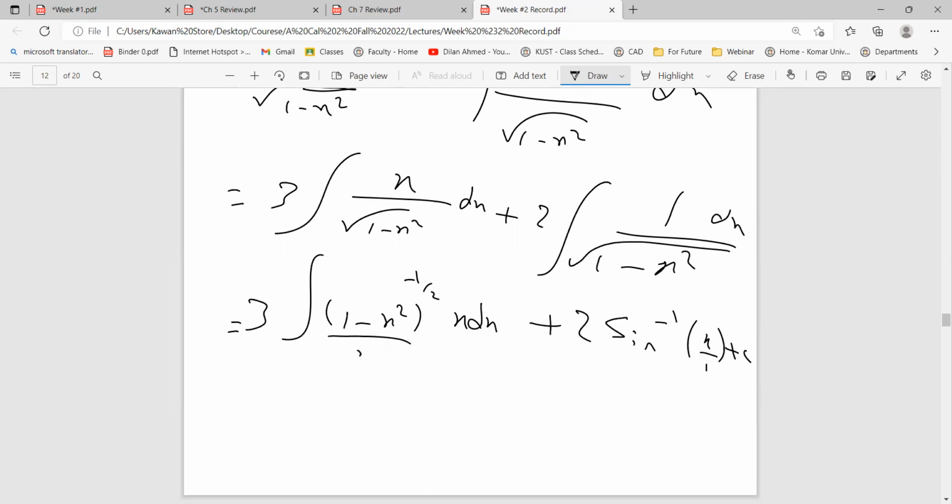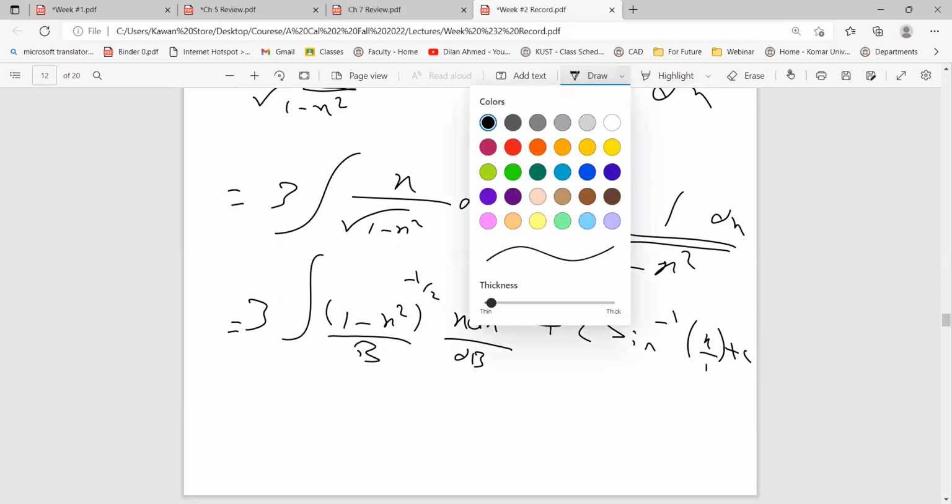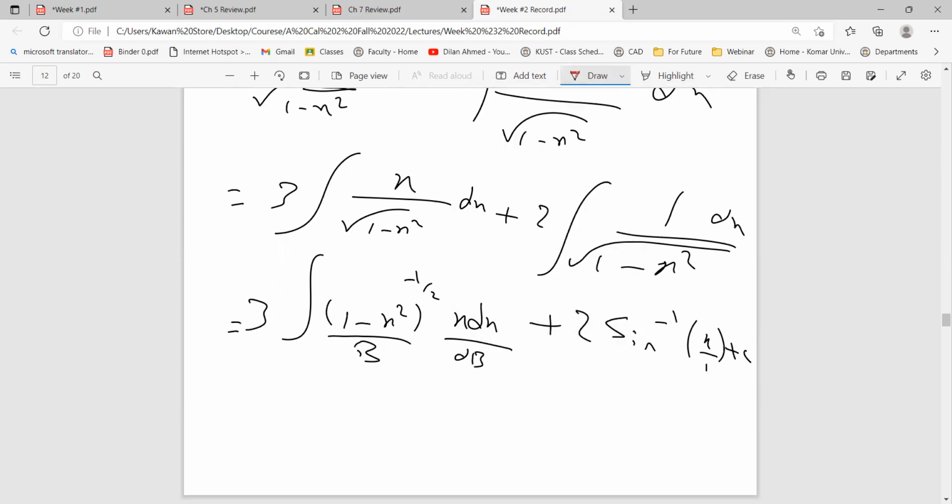How about that one is equal to box? But we need what? Derivative of the box is equal to what? Minus 2. So minus 2, and I will get what? Minus 3 over 2. Careful.